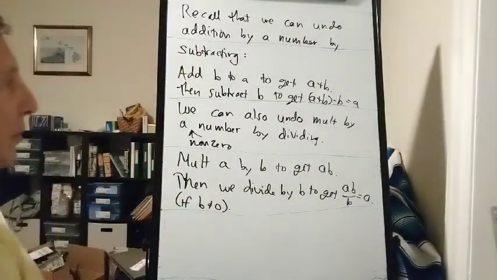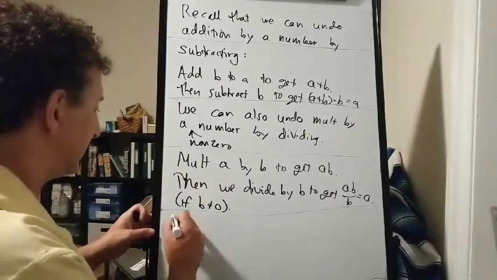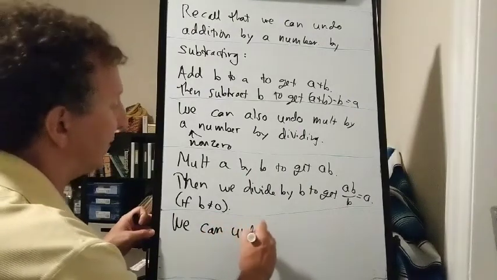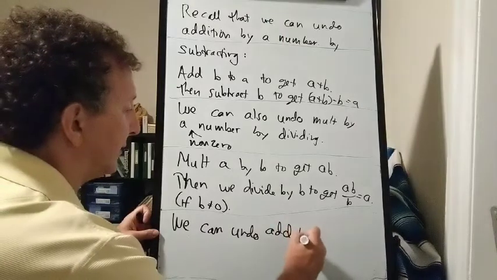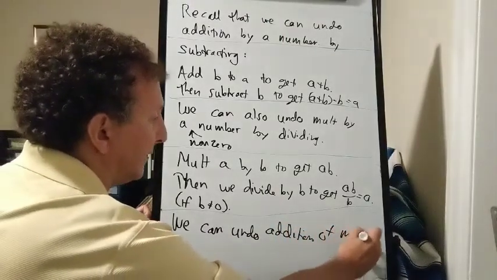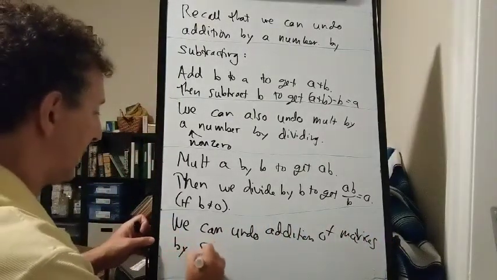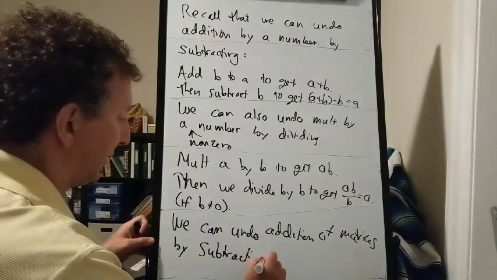Now let's think about matrices. Now we can undo addition of matrices by subtracting.